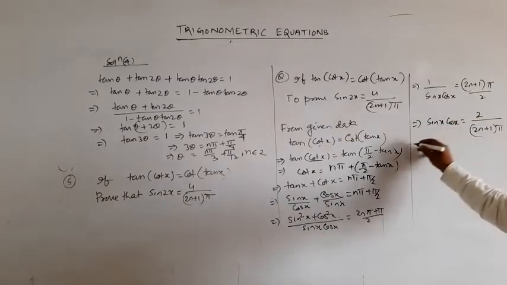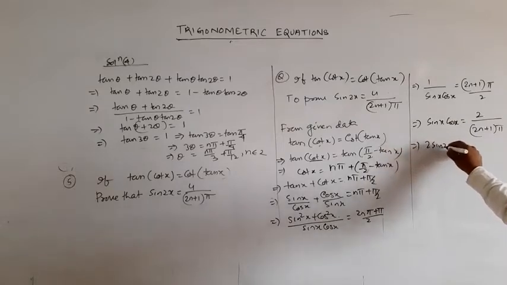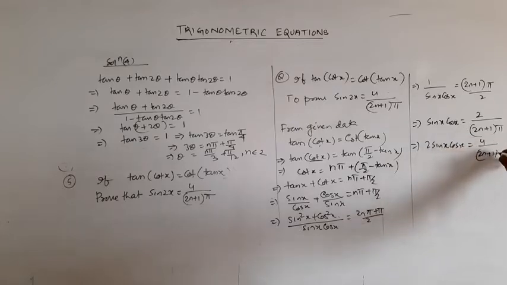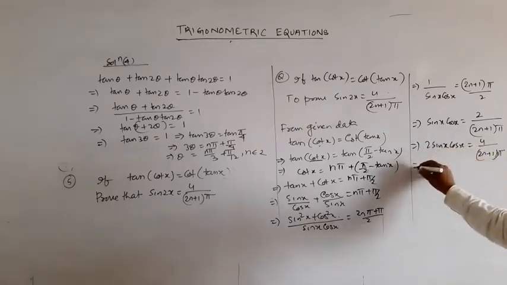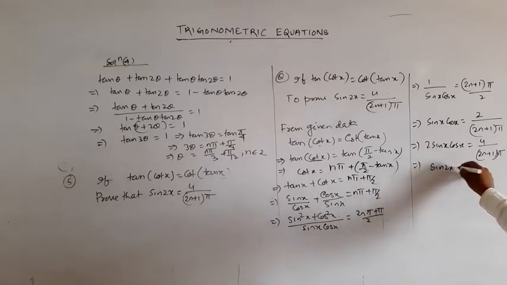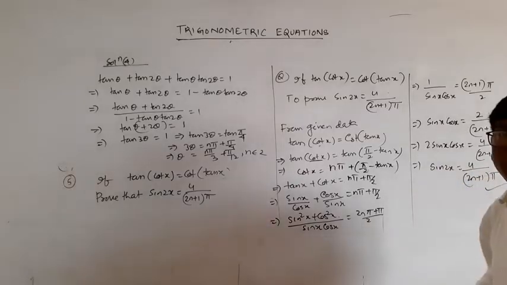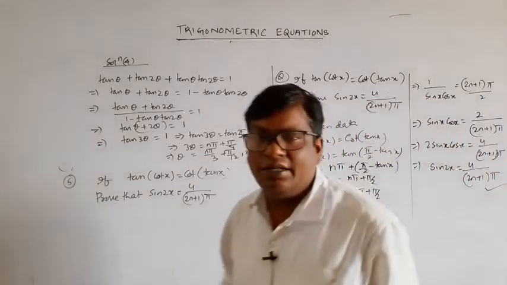So multiply both sides by 2: 2 sin x into cos x is equal to 4 by (2n plus 1) into pi. So this is equal to sin 2x is equal to 4 by (2n plus 1) into pi. This is proved. Okay.